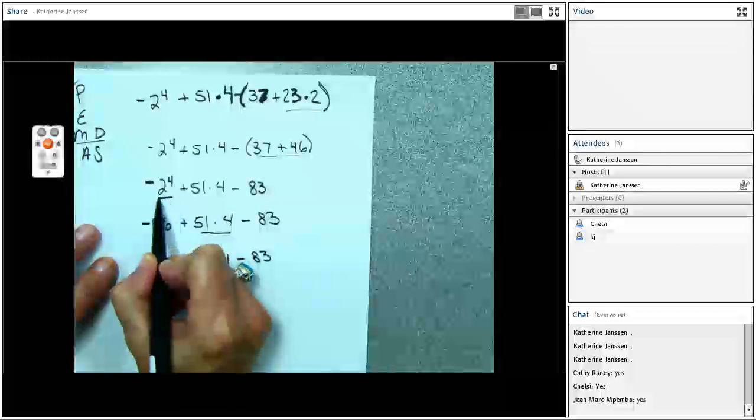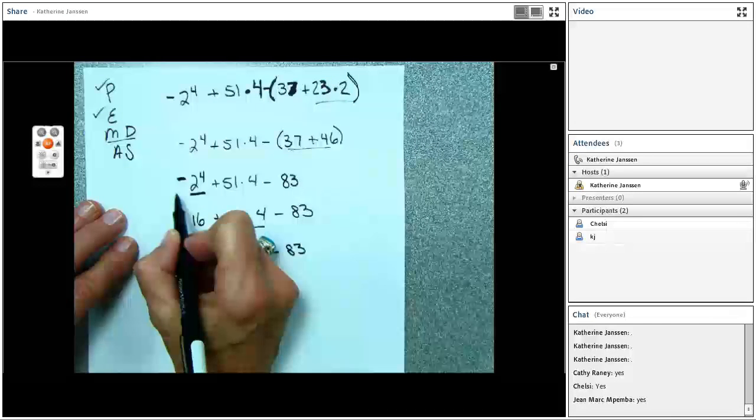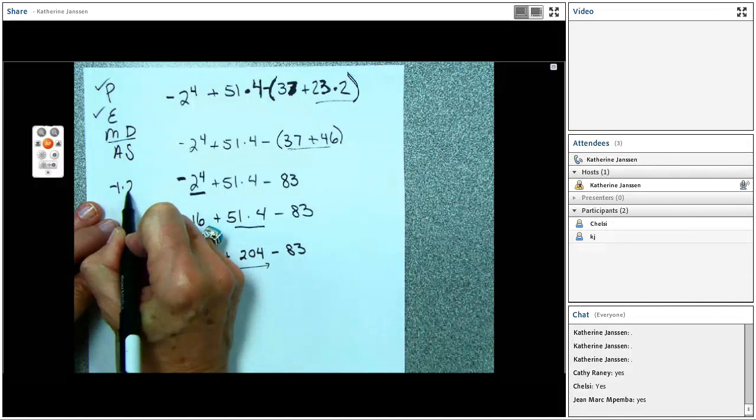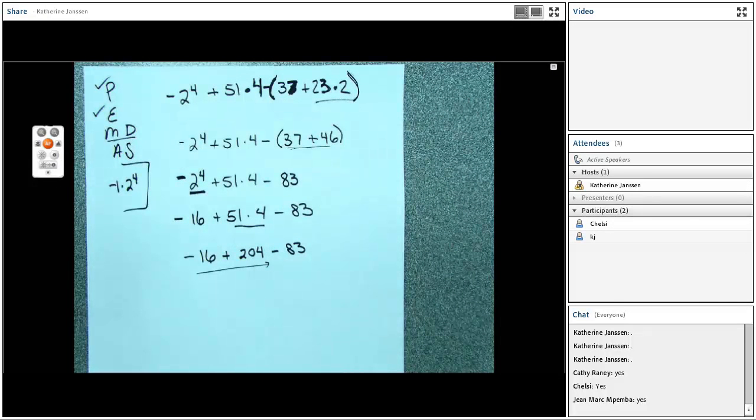My base is a positive 2 to the 4th. This is the same as negative 1 times 2 to the 4th. And I think that's where you're confused. So negative 1 times 2 to the 4th. It's not a negative base. Okay?